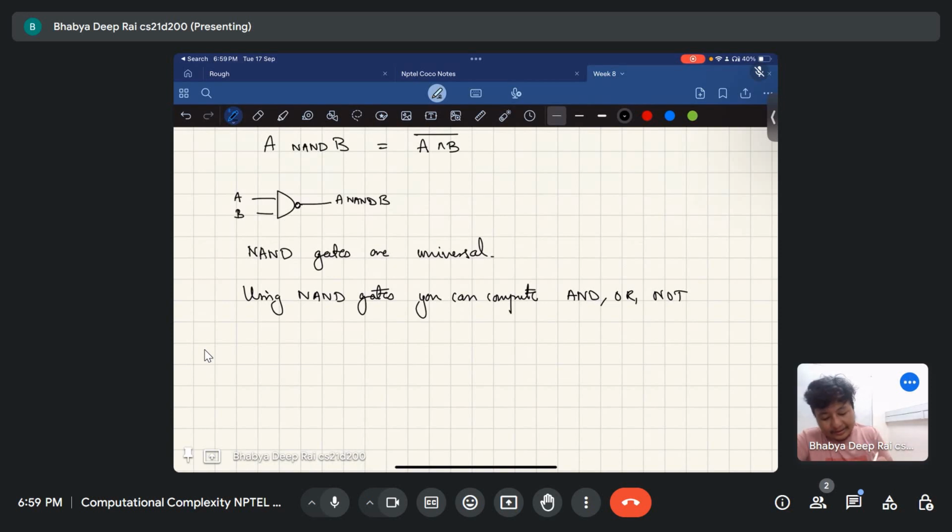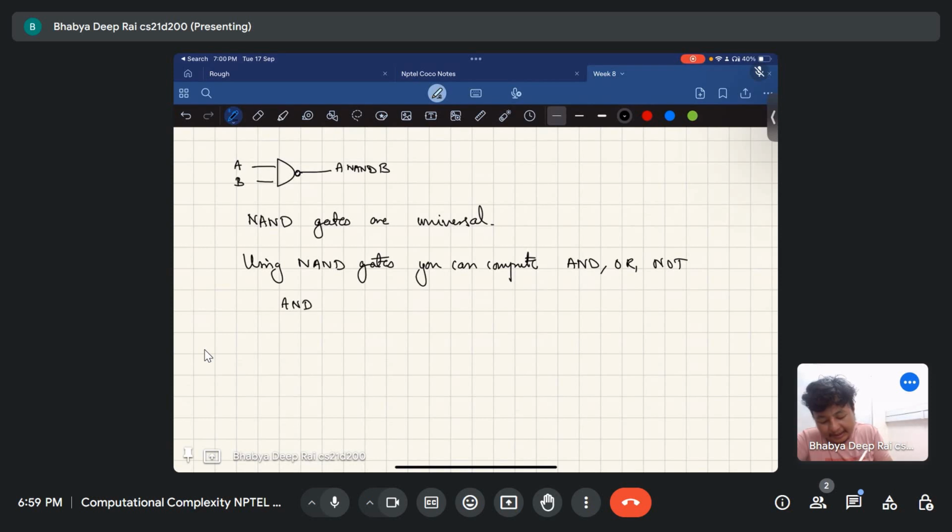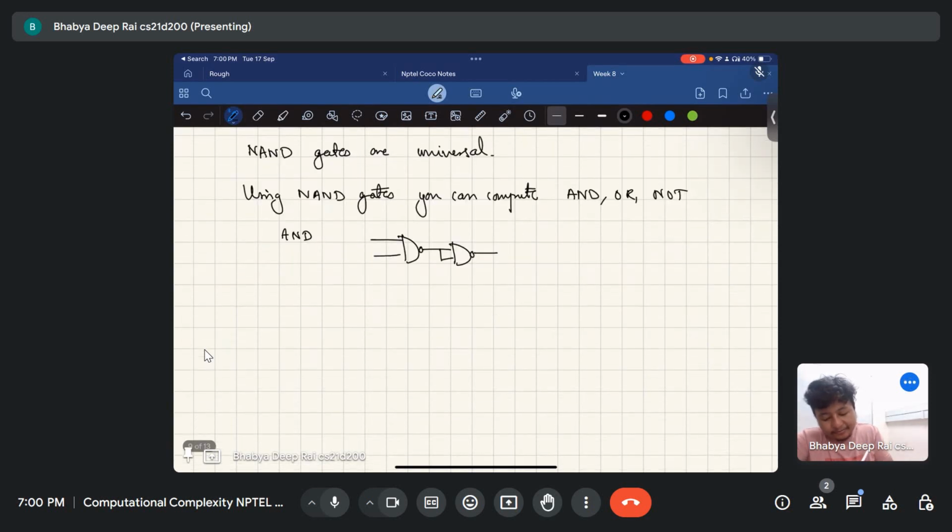So here's an example. AND is this, you can already probably see. And what is OR? OR is this, you can prove this using De Morgan's law.